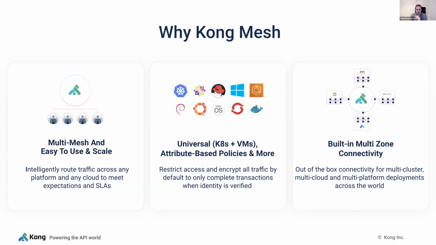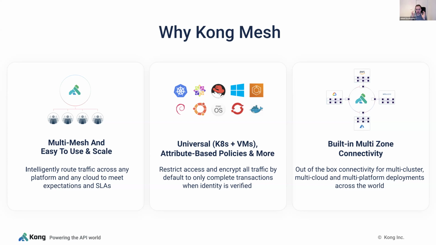Another big reason is universal support. Kong Mesh is based on Kuma, which is a CNCF project. And from day one, we wanted to provide support not only for Kubernetes, but also for virtual machines. With a mesh, the bigger the mesh, the better, right?